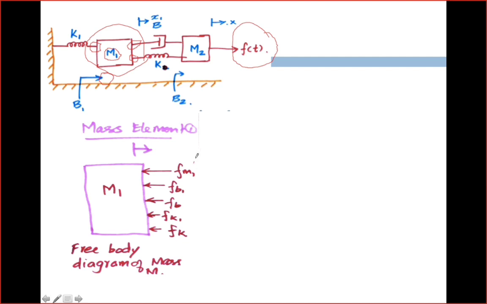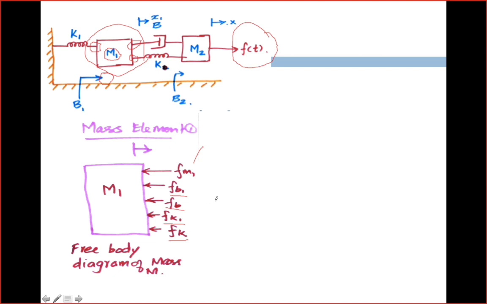One is F suffix M1, second is F suffix B1, third is F suffix B, fourth is F suffix K1, and the fifth is F suffix K. 1, 2, 3, 4, 5.